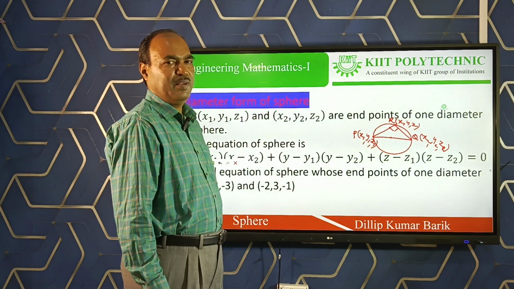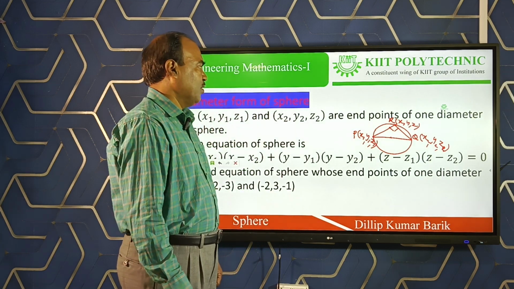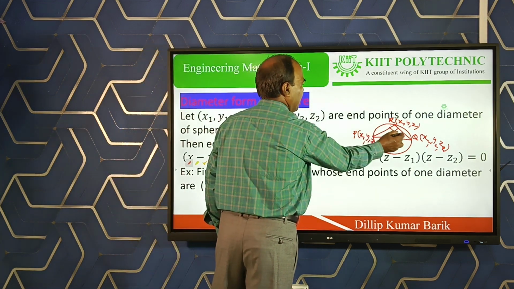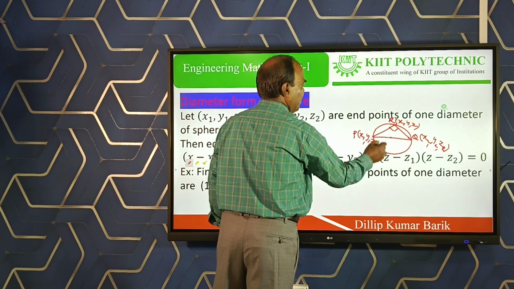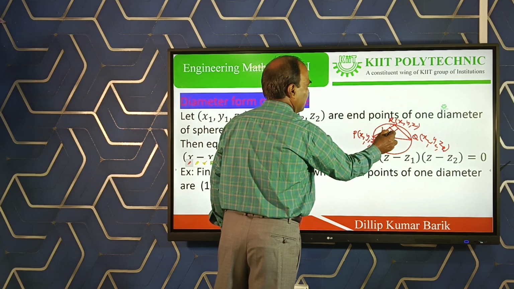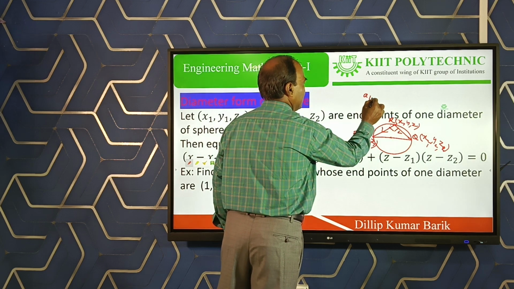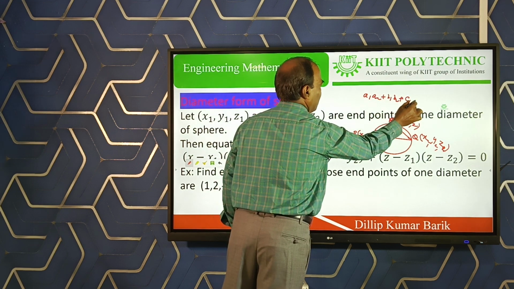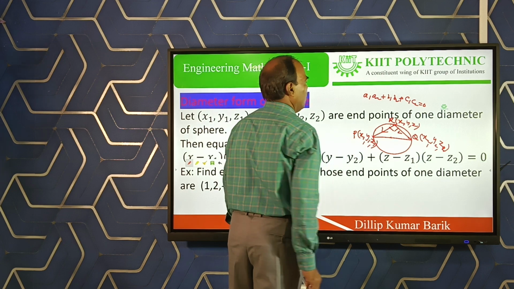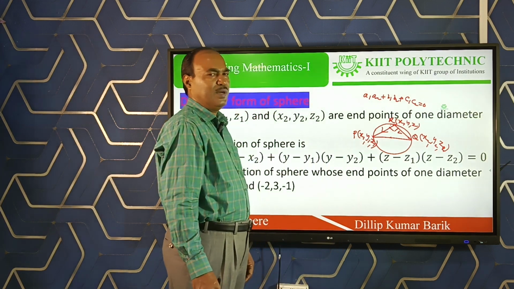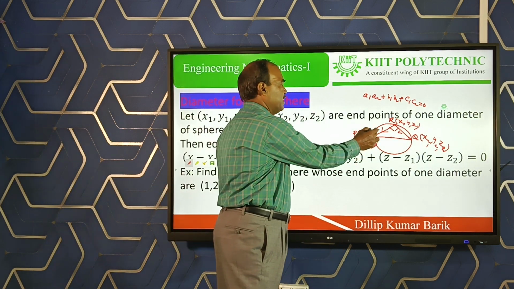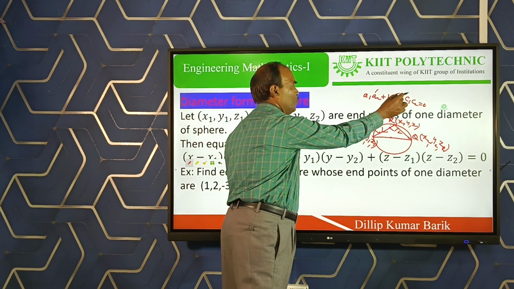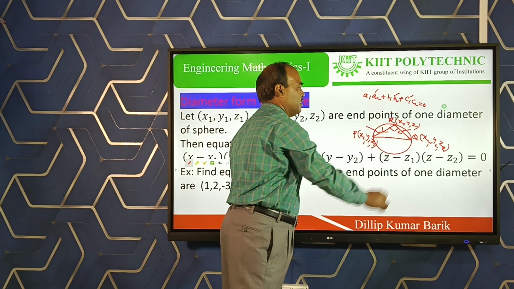Similarly, the angle in a hemisphere is also 90 degrees. So PR and QR are perpendicular to each other, and their corresponding direction ratios multiplied together give, using the formula A1 A2 plus B1 B2 plus C1 C2 equal to 0, where A1 B1 C1 are the direction ratios of the PR line, and A2 B2 C2 are the direction ratios of the QR line.